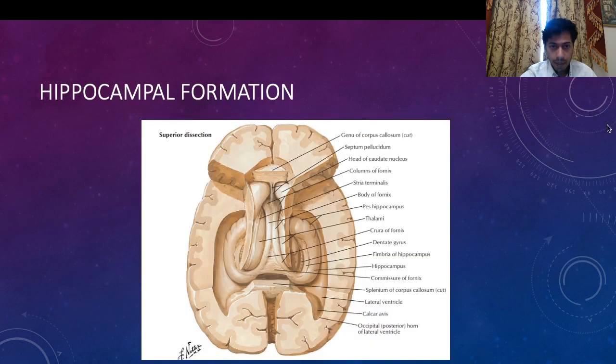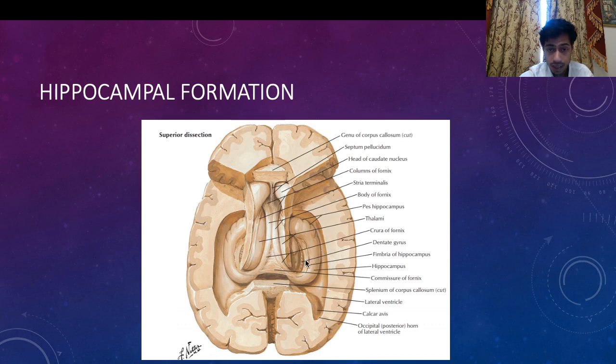So here is a superior dissection, or a caudal dissection of the brain. So we can see that this is our hippocampus here. This is our structure. So we know that the dentate gyrus is one of the components of it.